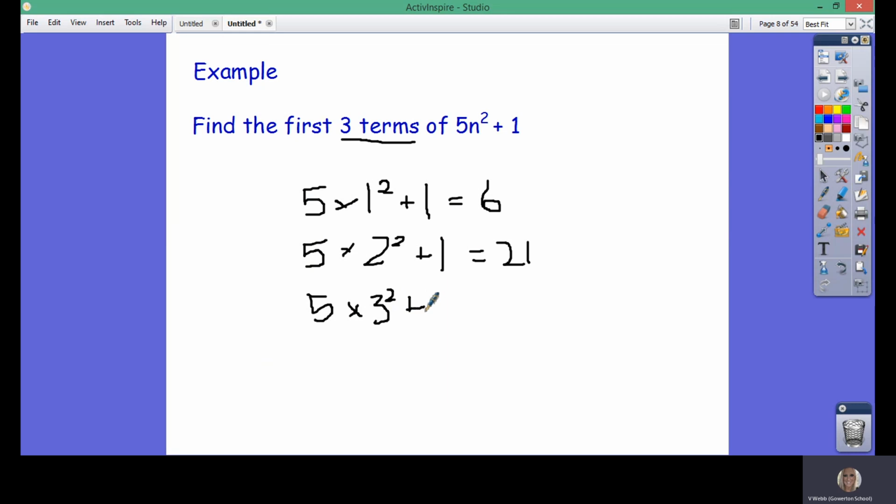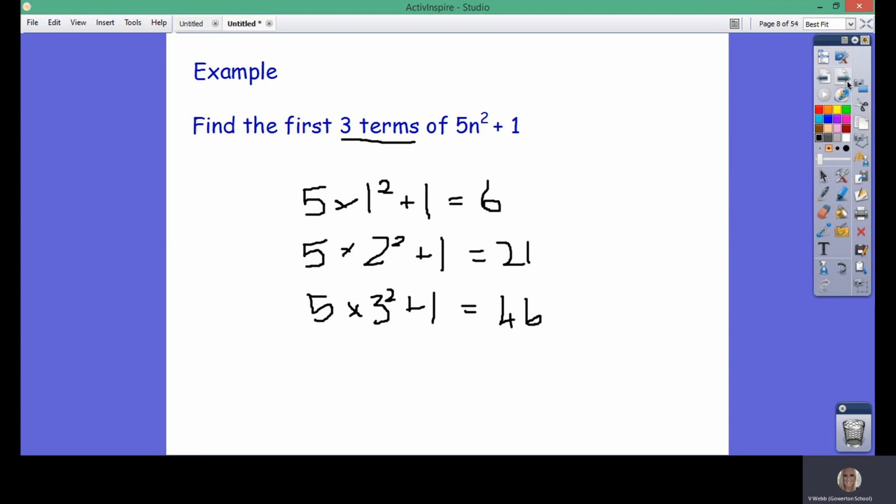Add 1. So 3 squared is 9. 9 times 5 is 45. Add 1, 46. Okay, so you can see the 3 numbers in the sequence: 6, 21, 46.